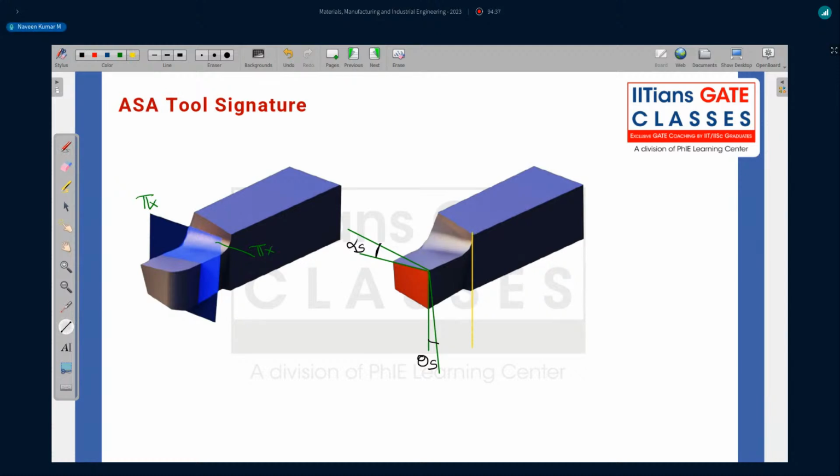So this is the big line, this is the shorter line, same angle. I can just write it as theta s. Okay, good. So if you are viewing from this side, this is your view. So how does it look like, right? Let me draw that. It'll look something like this.